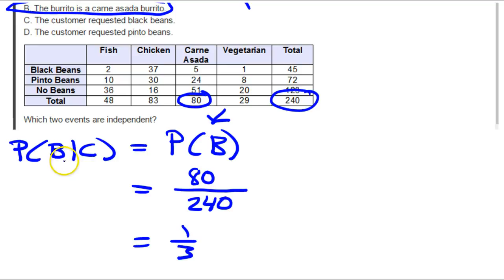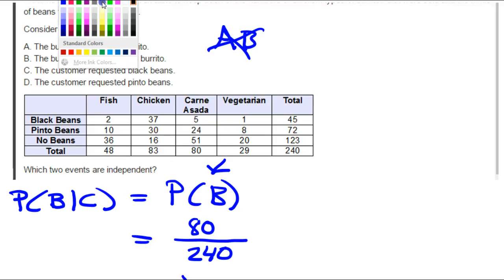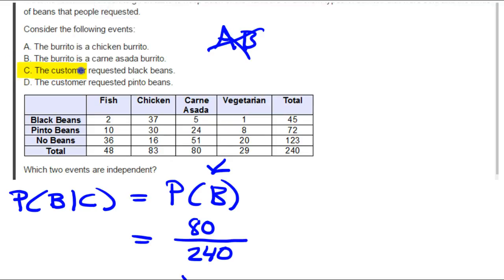Now let's figure out the probability of B given C. If we are given C, that means we're given the customer requested black beans. So this is what we're given, black beans.